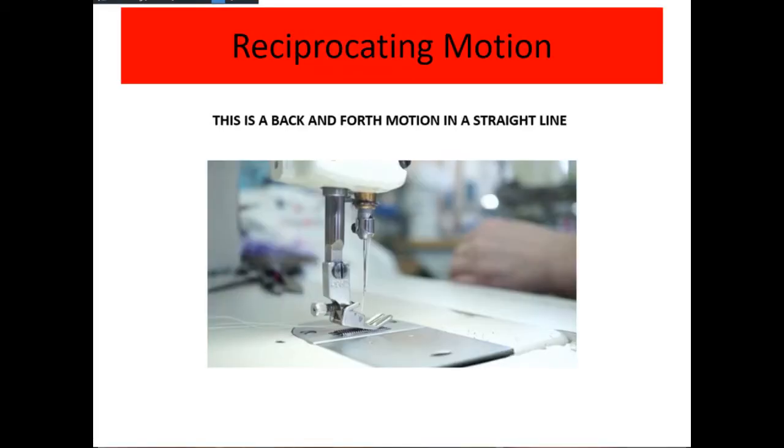The next 2 are probably the trickiest to remember and to spell. So we've got reciprocating, okay? Reciprocating is kind of like linear in that you're going in one direction, but what reciprocating does is it returns in the direction that it came from. So it's a backwards and forwards motion in a straight line.